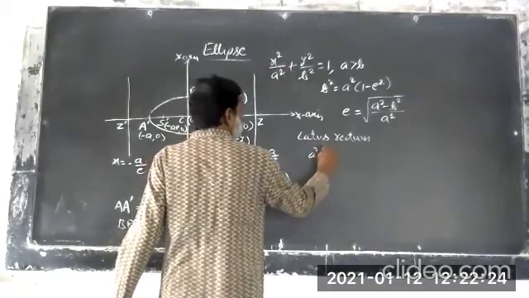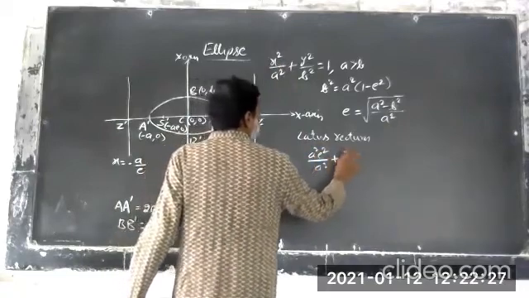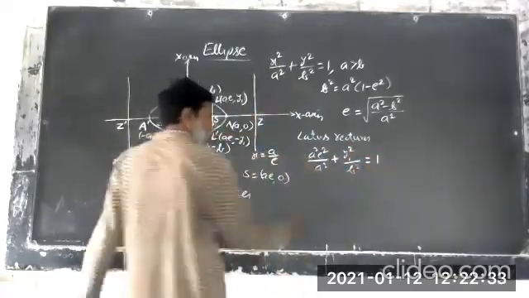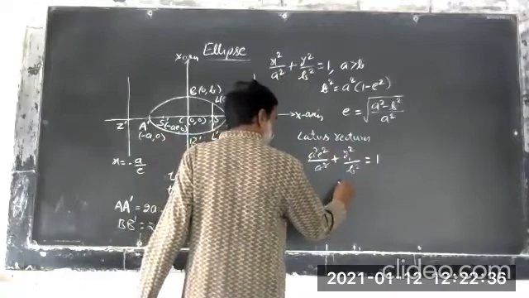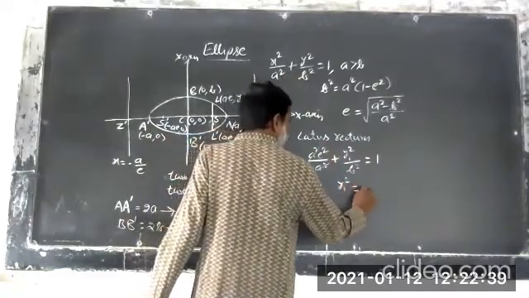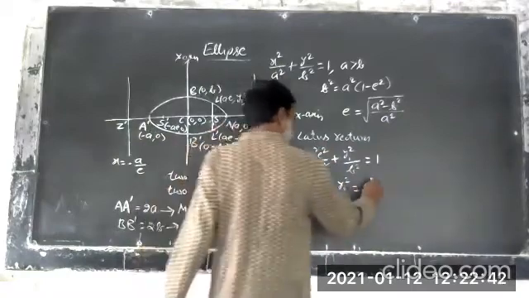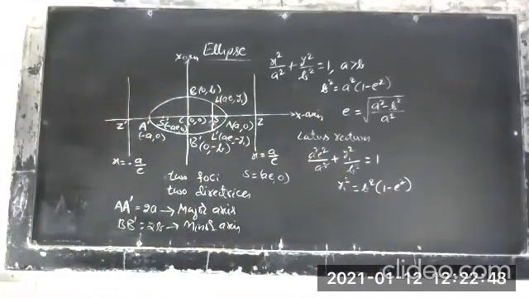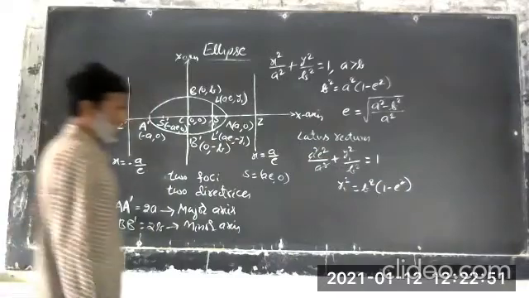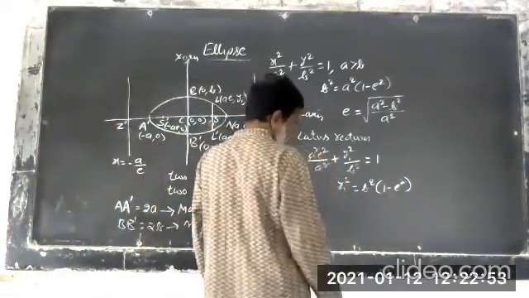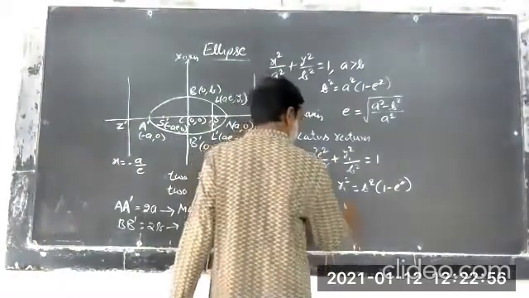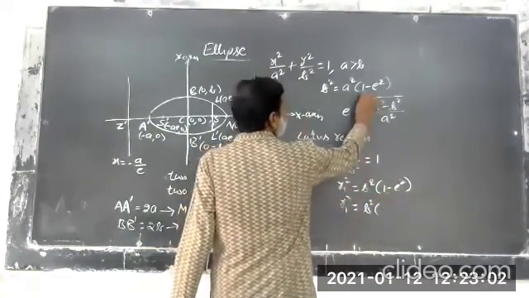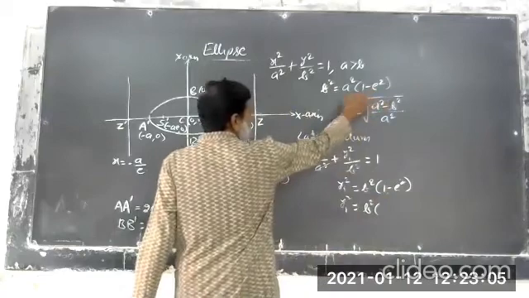Then what will you get here? A square e square upon a square plus y1 square upon b square is equal to 1. So a square cancels. Therefore, y1 square is equal to b square times (1 minus e square). What can you write 1 minus e square as from this relation?